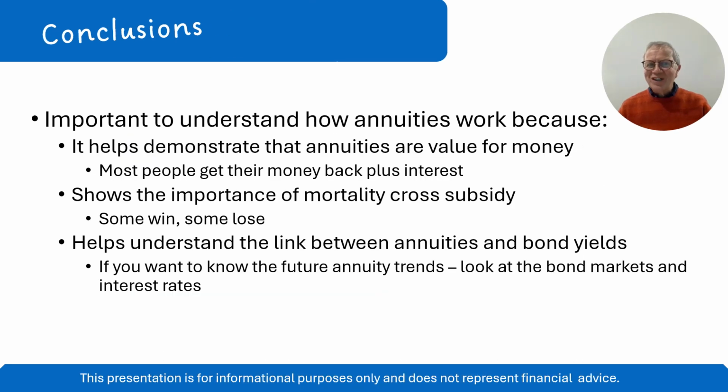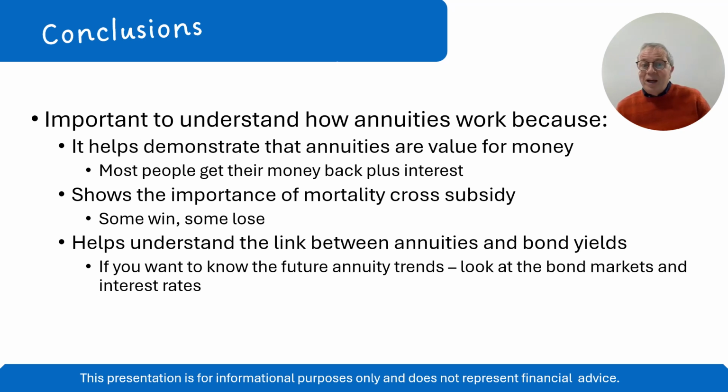So in conclusion, I think it's really important to understand how annuities work, because it helps demonstrate that annuities are value for money. Most people will get their money back plus interest if they live at least to their normal life expectancy. So when you read in the paper somebody describing annuities as legalized theft or insurance companies ripping people off, you can point to the concept of the mortality cross subsidy, where some people win, some people lose.